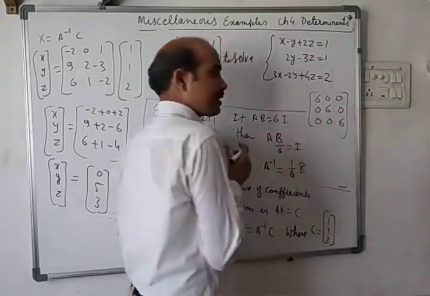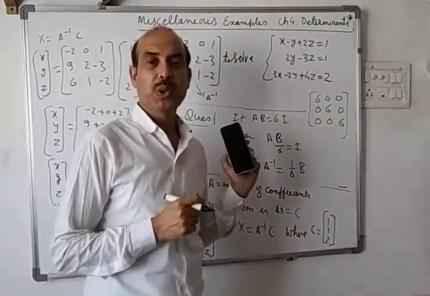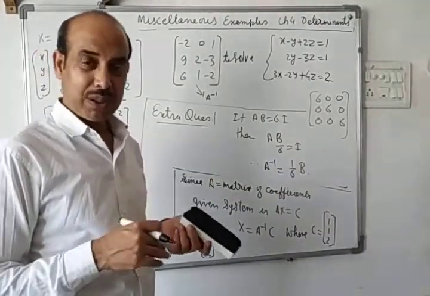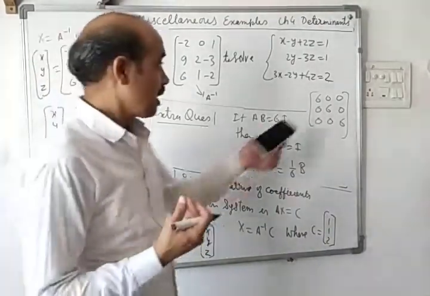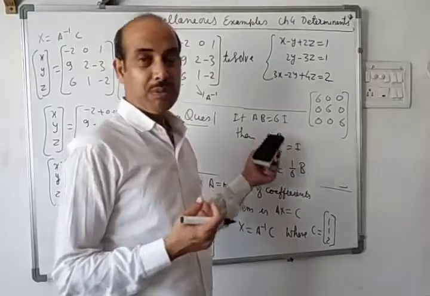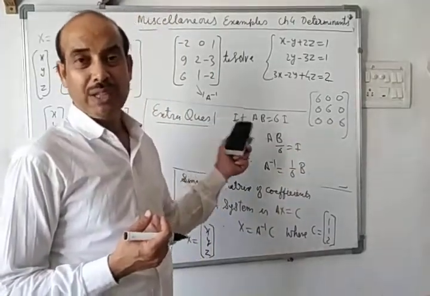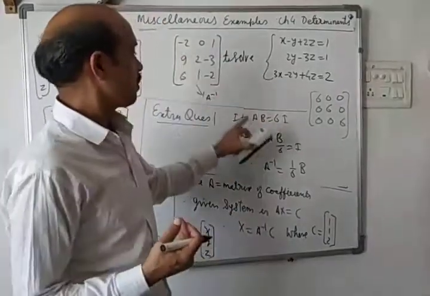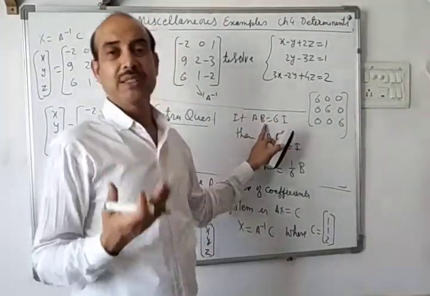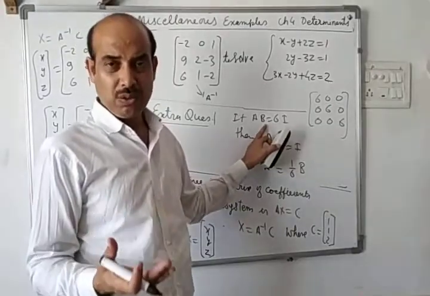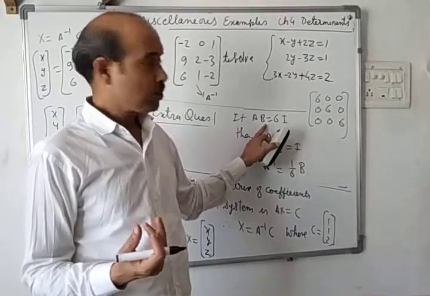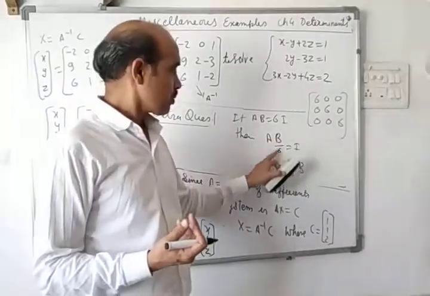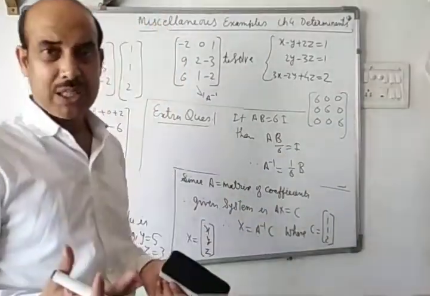So you take 6 common, it will become 6 into I. Or any number, fractional number, constant maybe k can also come in if some variable is present in either A or in B. अगर यहाँ कहीं पर A और B में कुछ लेटर्स हैं X, Y, Z, K, M, तो वो भी कॉमन यहाँ पर 6 की जगह पर वो नंबर भी हो सकता है. आप उसको डिवाइड करके भी A इनवर्स निकाल सकते हैं.